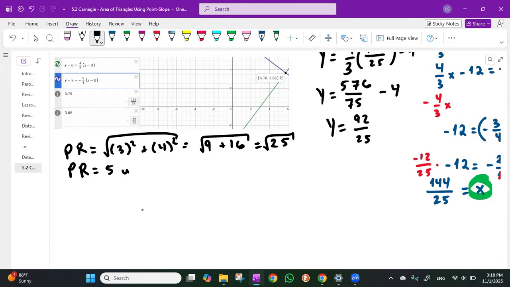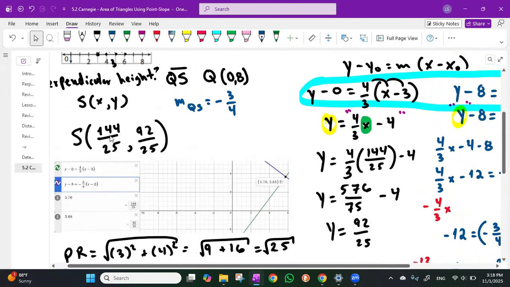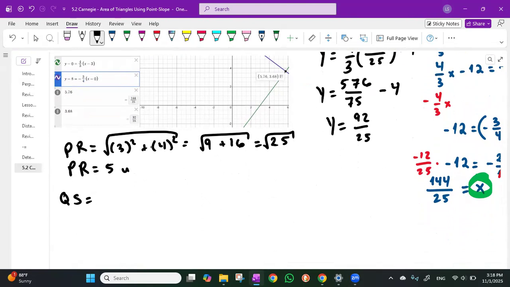The problem now is Q to S, because we have fractions, right? So when you set it up, it's going to be 0 minus 144 over 25, or the 5.76, which is okay if you want to do that, plus the 8 minus the 92 over 25, or the 3.68.